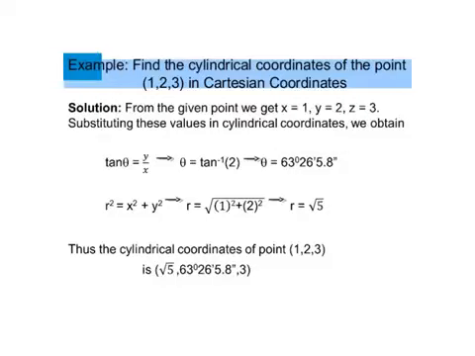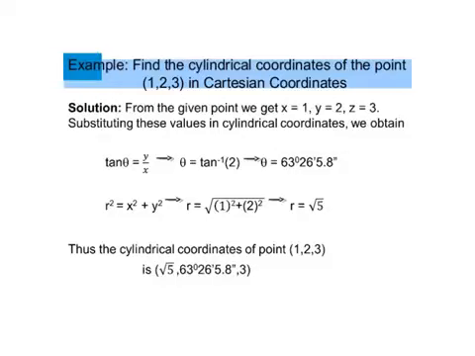All the values are in the Cartesian coordinate system, so x is 1, y equals 2, and z equals 3. We have to convert this into the cylindrical coordinate system. We know that z remains the same, so z in the cylindrical coordinate system is also equal to 3.